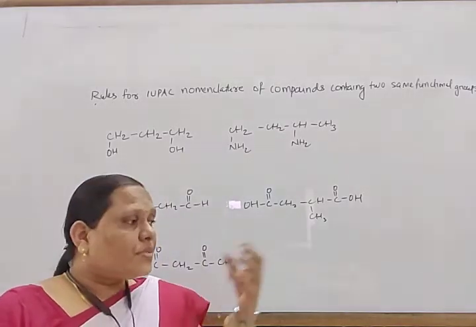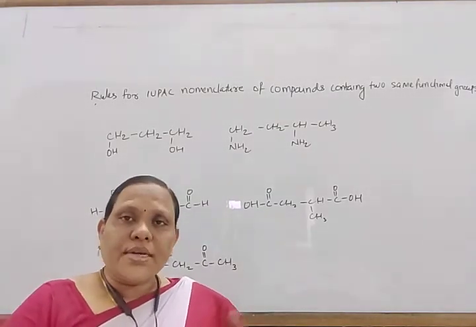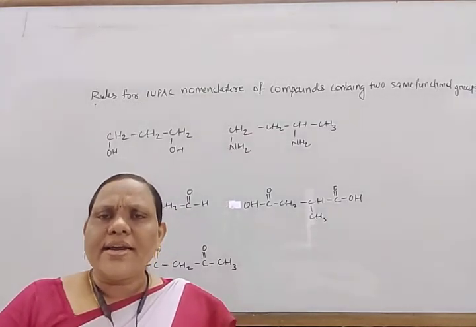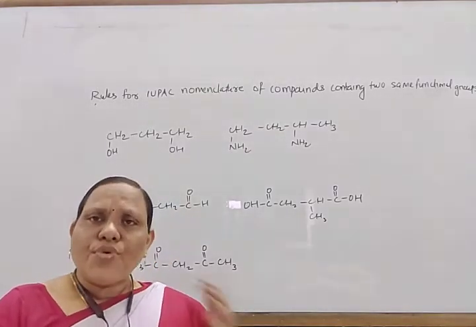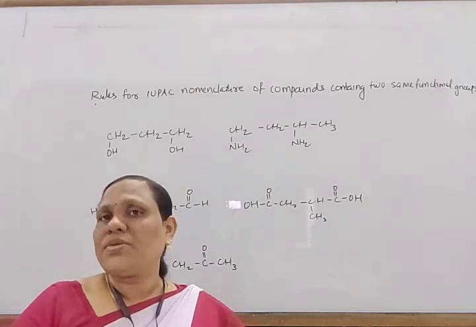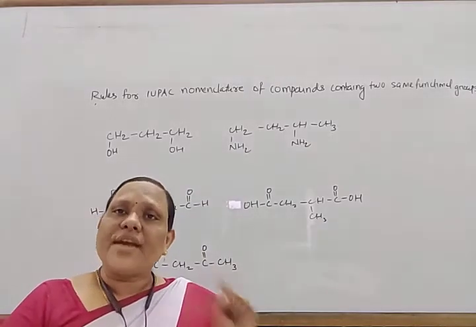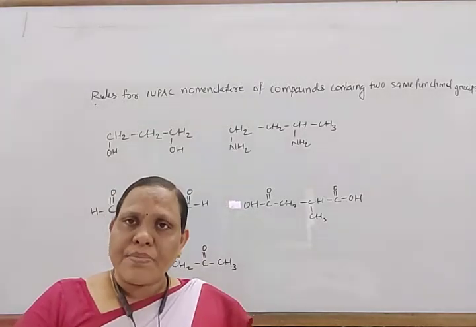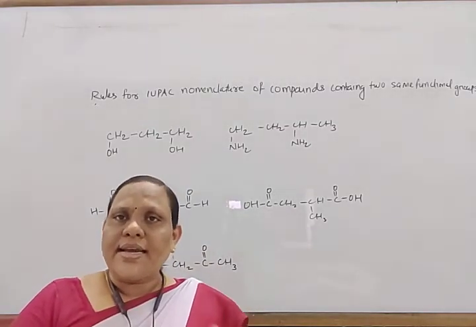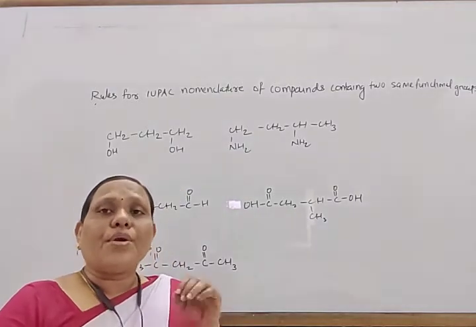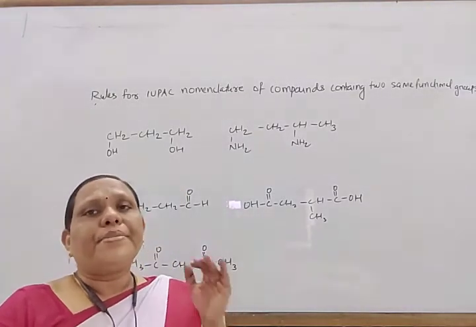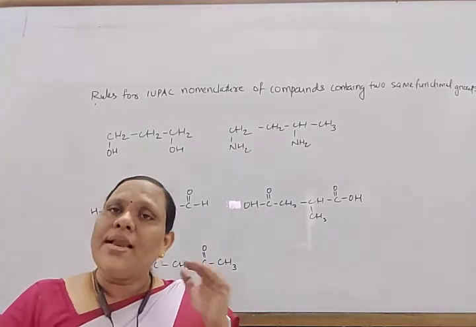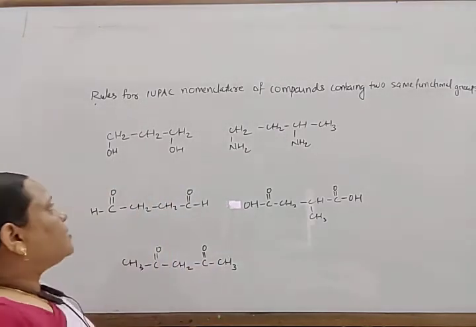If 3, then tri; di, tri, tetra, etc. are used if more number of same functional groups are present, before writing the secondary suffix. And the terminal e of primary suffix is not dropped. This will be retained.